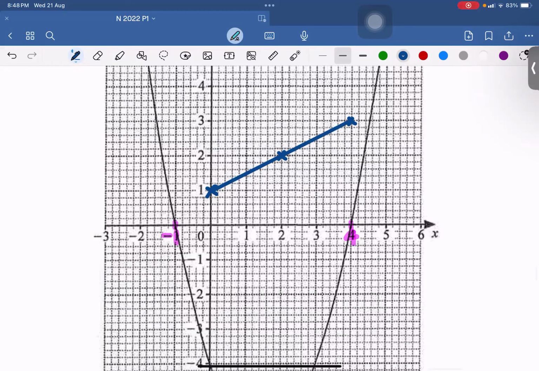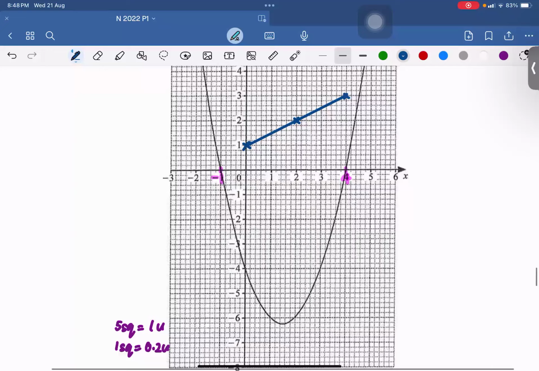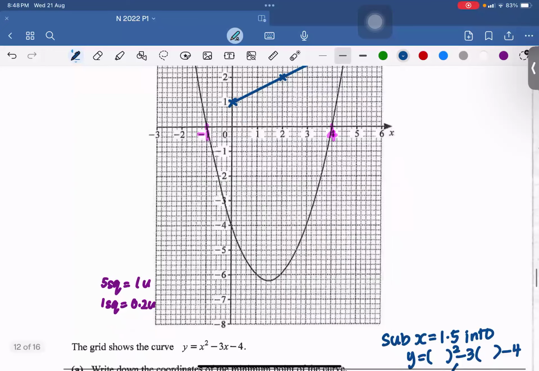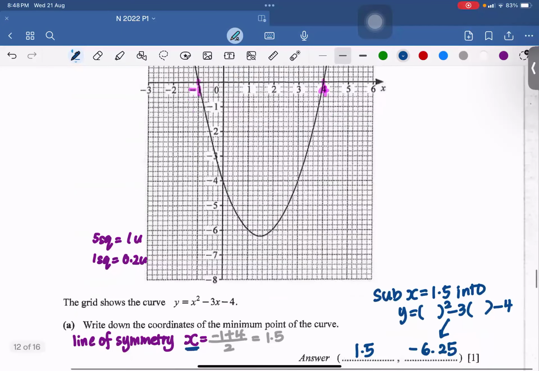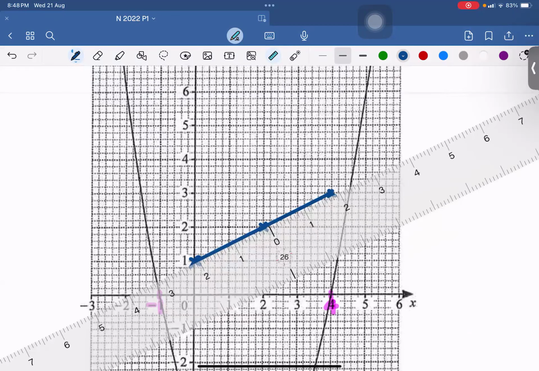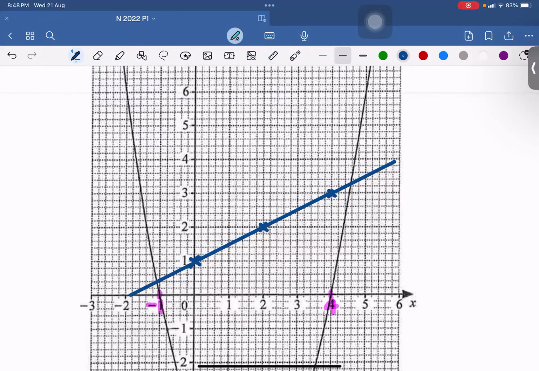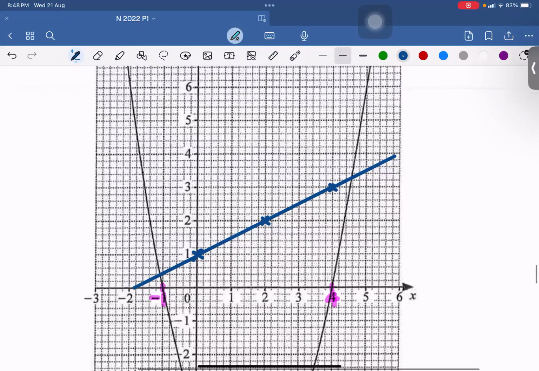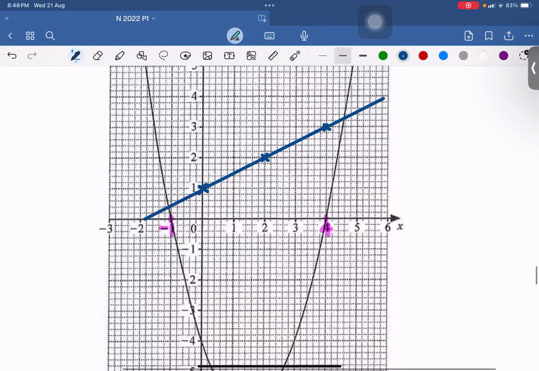Is this enough? No. What must we do? Must extend it throughout. Correct. Let me draw as much as possible, throughout the whole line. And usually, think of the next part.